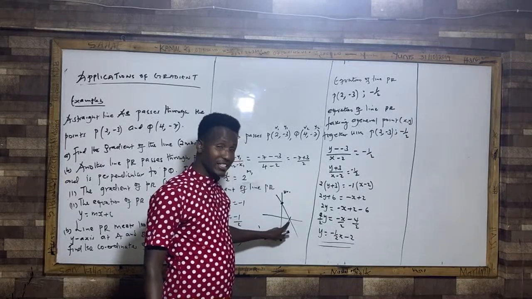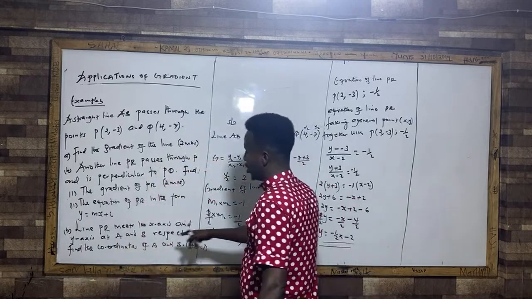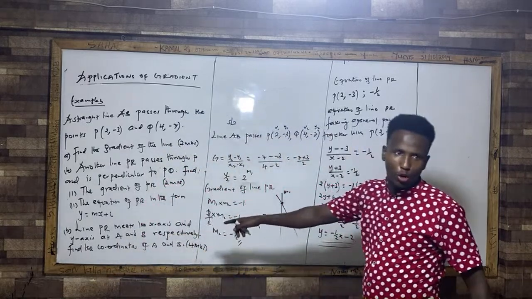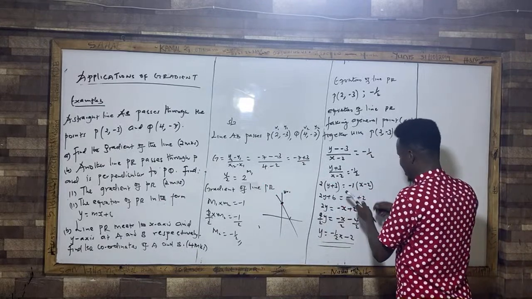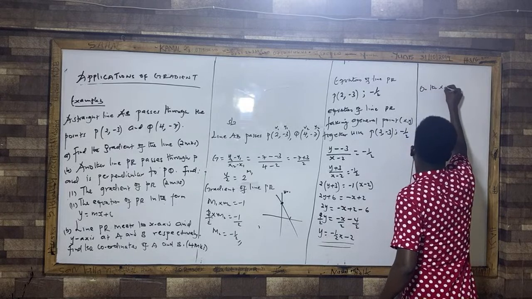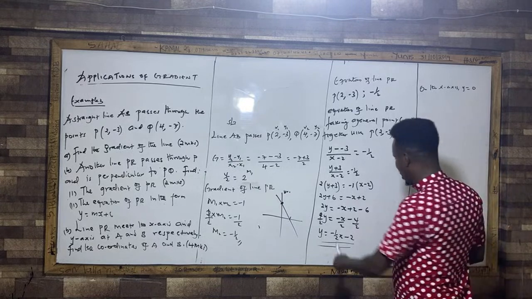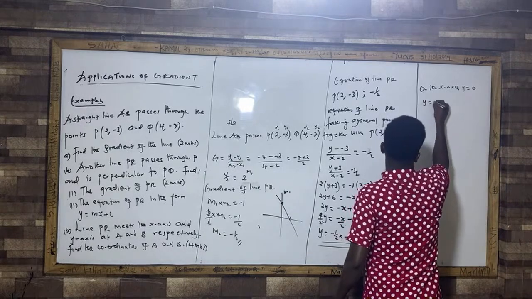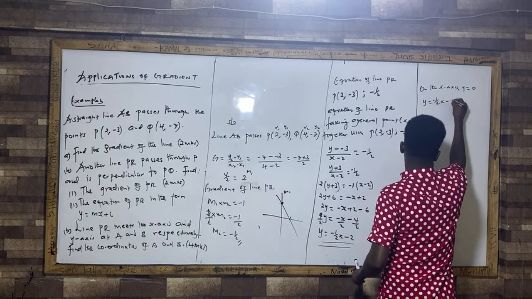Where the line cuts the x-axis, y is 0. So you're going to say like this, if you want to solve such kind of question in normal exam or during KCSE, you're going to say, on the x-axis, y is 0. So take your equation. Y is equal to negative half x minus 2.